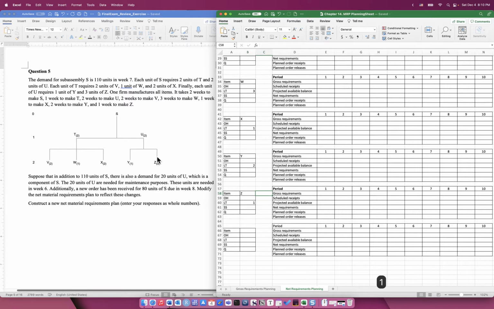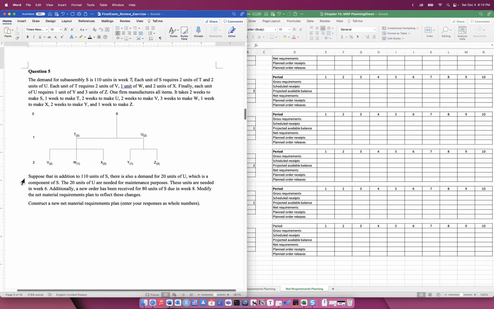With that, suppose that in addition to 110 units of S, there is also a demand for 20 units of U. We need 20 units of U for some maintenance purposes, needed in week 6.